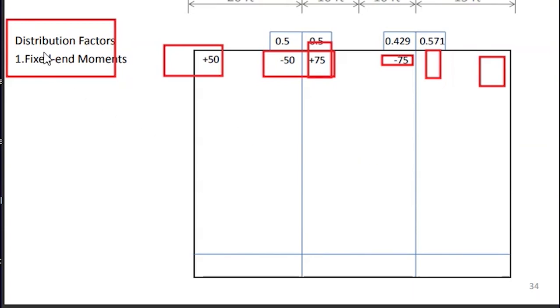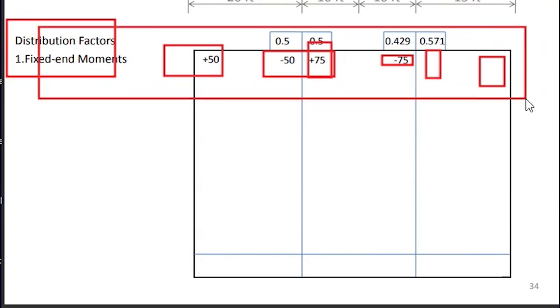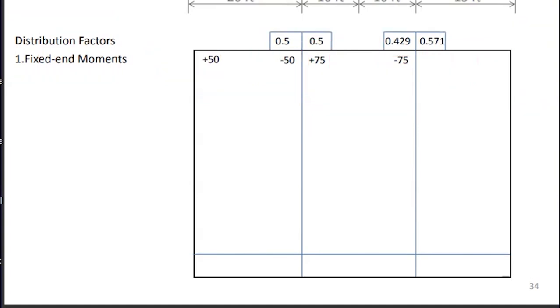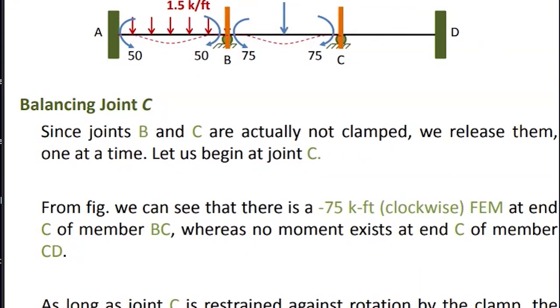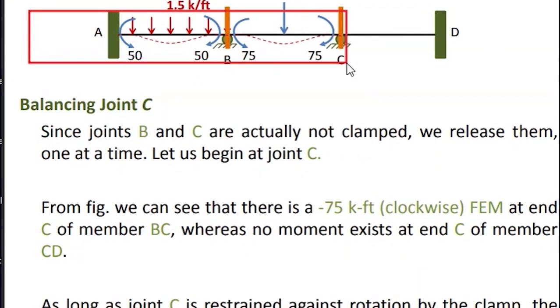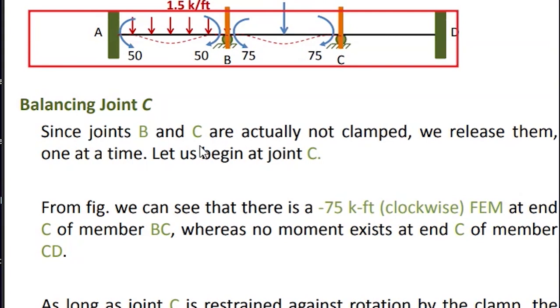Now this will create another line, the second line, which is the fixed end moment as we said here. Now your values seem like this, in which this is positive and this is negative, this is positive, this is negative.